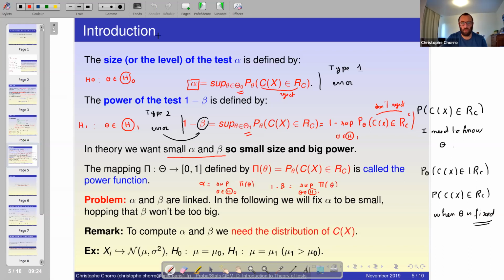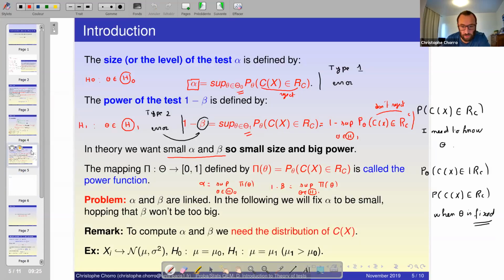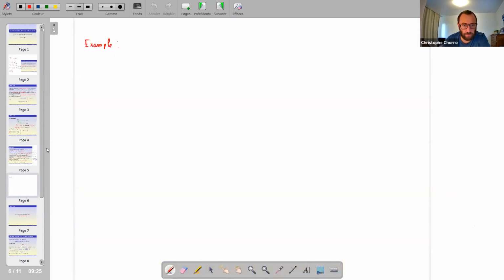So let me add a white page. So let's see the first example. So just let me check, yes, the hypothesis I make in this example. So what I want to do here is a simple thing. I want to test the hypothesis H0, that is just theta equal to theta 0.